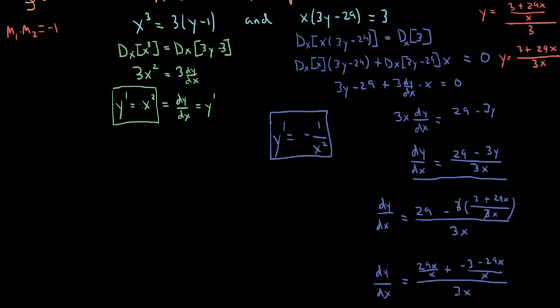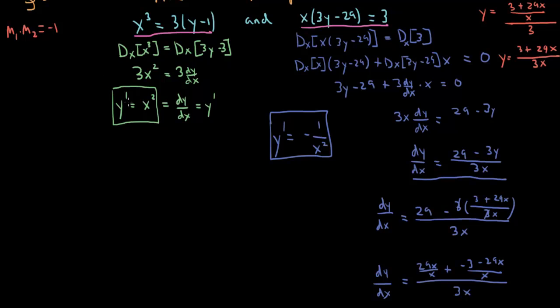Remember, orthogonal means that where these two curves intersect, you'd have two tangent lines, one for the first curve, the other for the second curve, and those two tangent lines have to be perpendicular. And to be perpendicular, this property right here has to hold true.